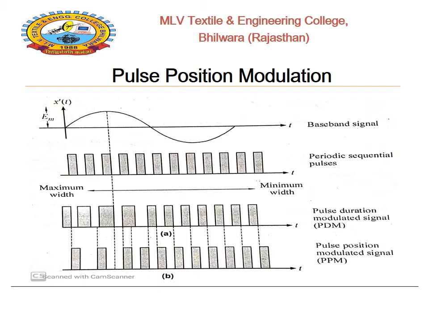When in figure A the pulse is completed, after that, at the trailing edge, the PPM signal will be generated. So the position in the case of PPM is identified or generated in relation to the trailing edge, or ending edge, of the PDM signal.